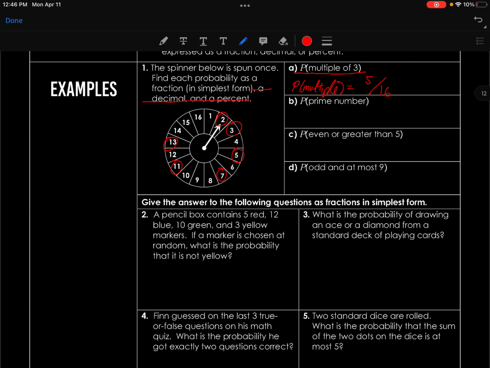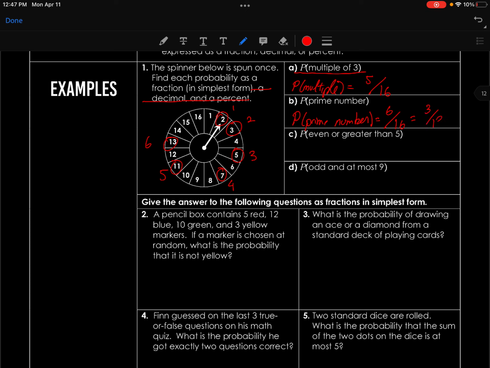Therefore, the probability of a prime number is the number of favorable events, which is 6, over a total of 16 outcomes, which will give us simplified 3 over 8. I believe you guys can do that.